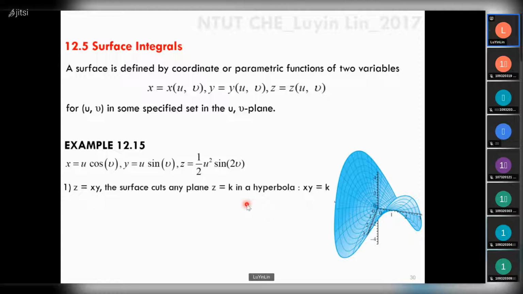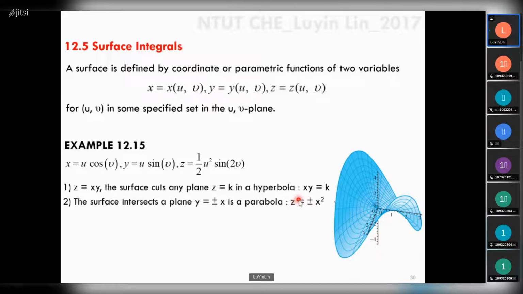That means if you have a plane z equal to k, it will cut the surface at xy equal to k. If xy is equal to k, this curve is a hyperbola, 双曲线.